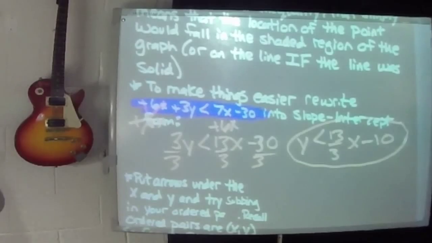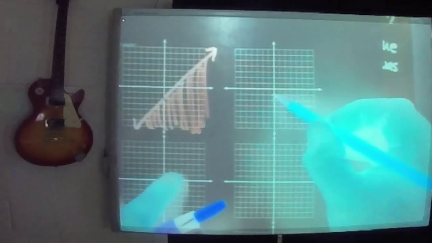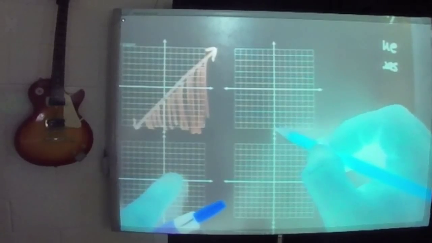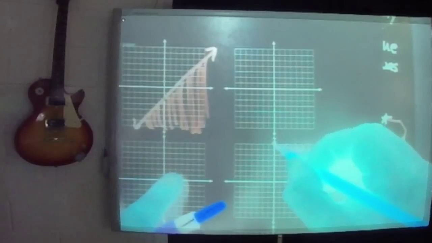Now if I sketch that, I don't even know if I could sketch that on here because I don't know how low this goes. If it was 10, that would be like negative 10 for this graph.